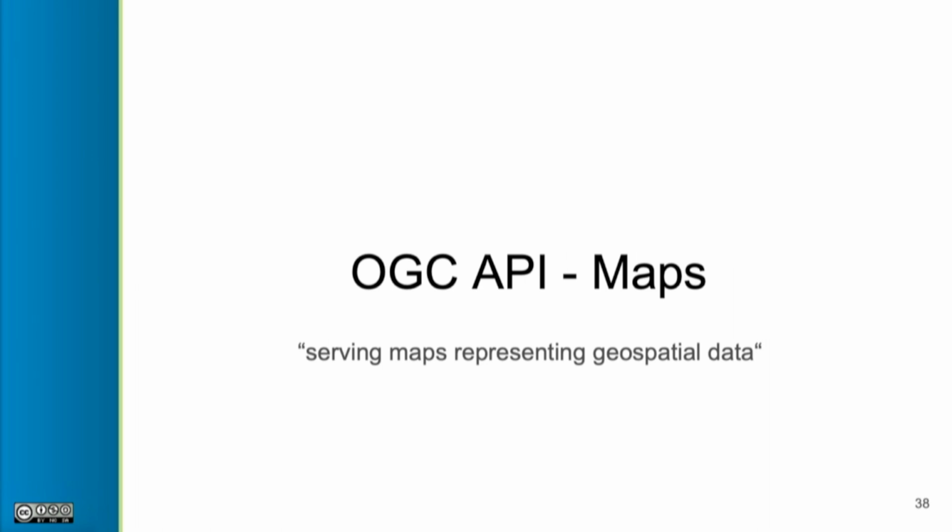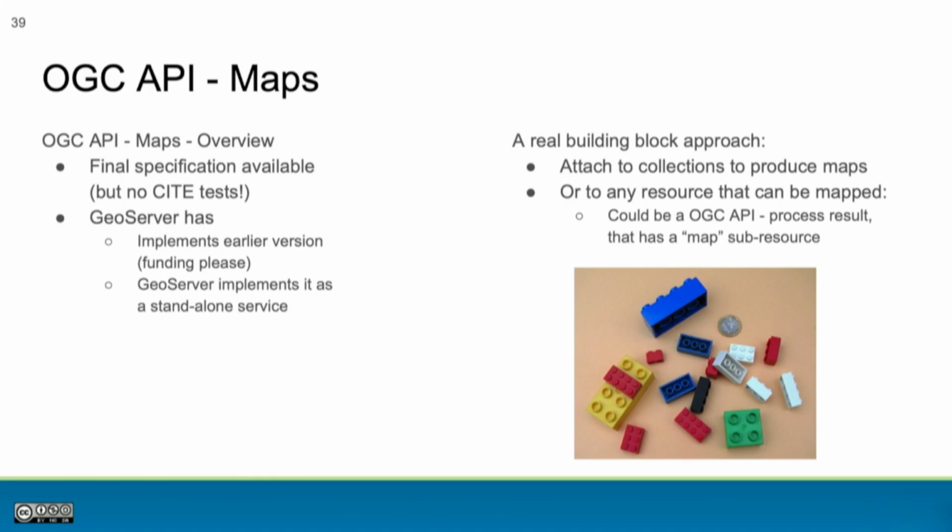OGC API Maps. So this is a service where you're building up maps, a visual representation on top of the raw data. And so this one's a little bit more like a Lego set, where we need to combine some styling and the raw data in order to produce a visual. So one thing that's interesting for GeoServer is we have everything defined as an independent service.